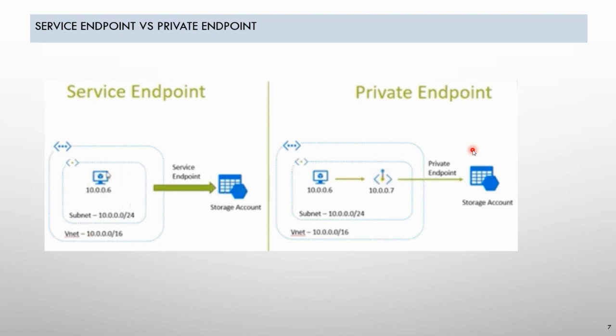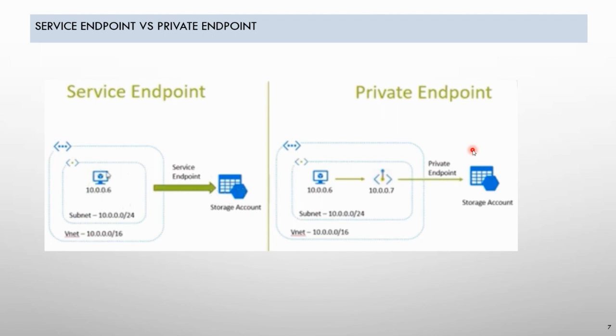So you can take the help of a service endpoint, through which you can directly connect to the public gateway of the PaaS service and put data. The storage account is one of the services you can take as an example, and this service comes with a public gateway. You can use this public gateway to allow your virtual machine to connect to that resource via service endpoint.